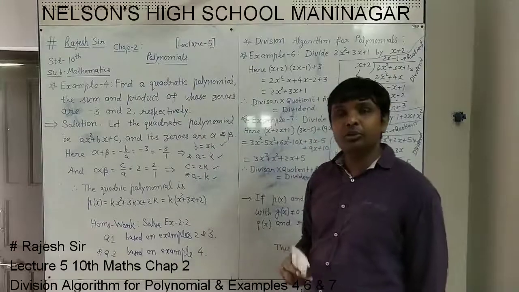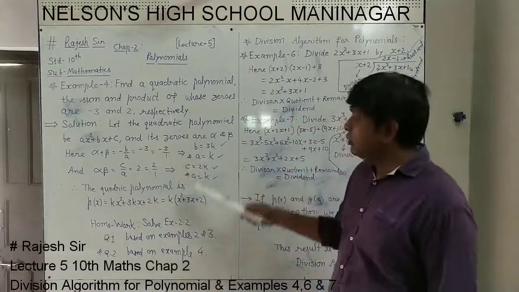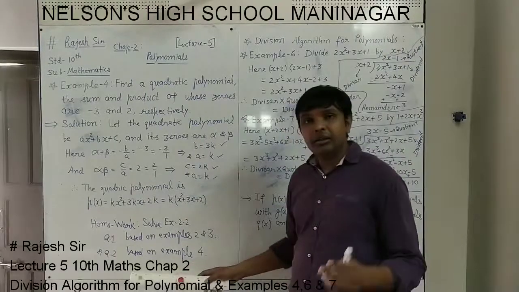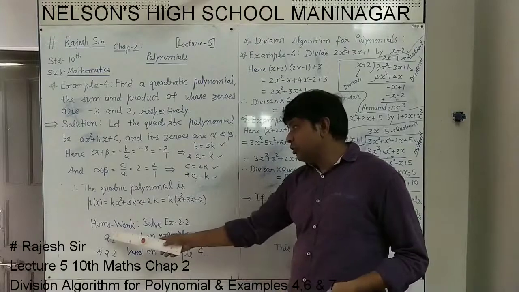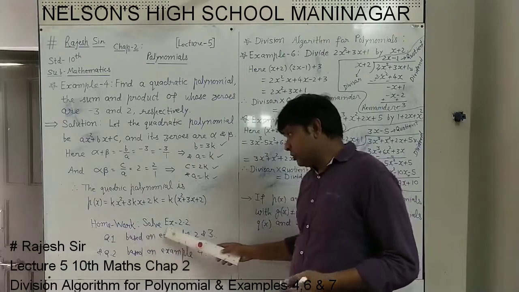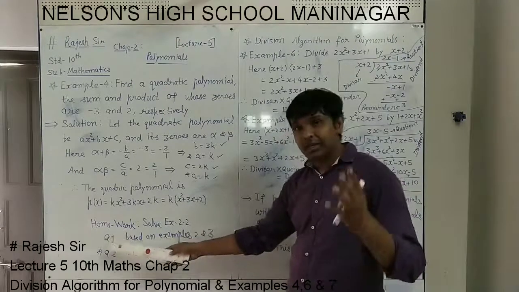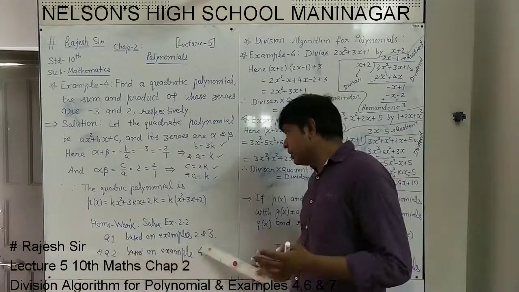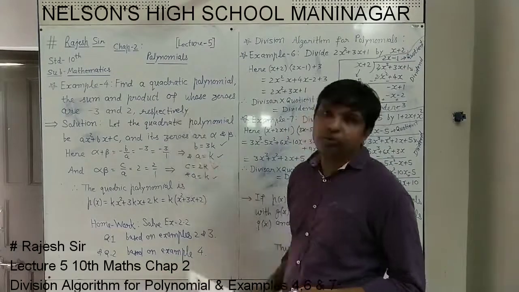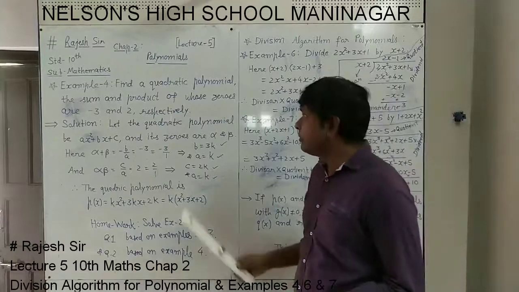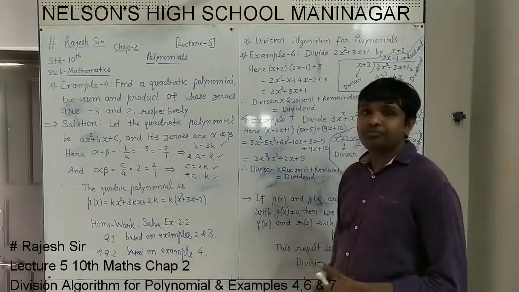Question 1 is based on examples 2 and 3, with 6 questions, and question 2 has 6 questions based on example 4. Very simply you can solve it. So your homework is to complete exercise 2.2.